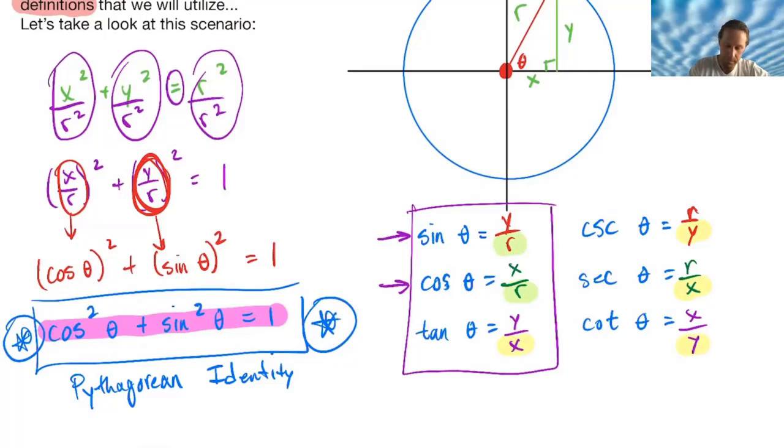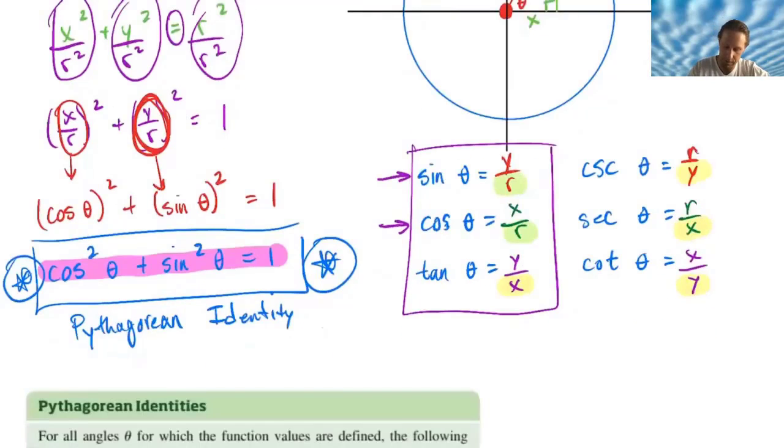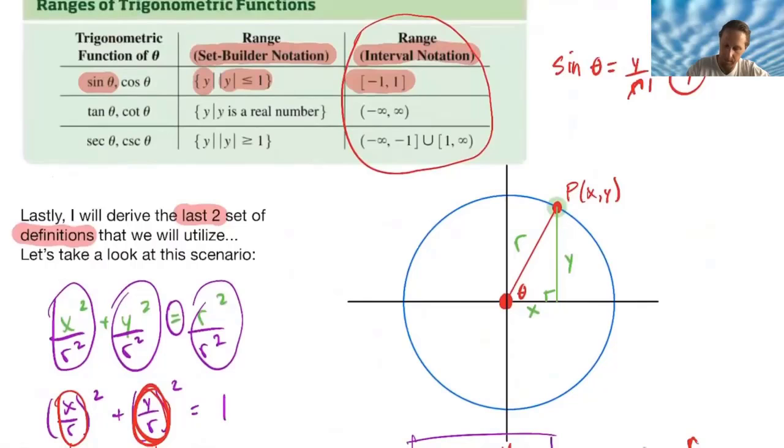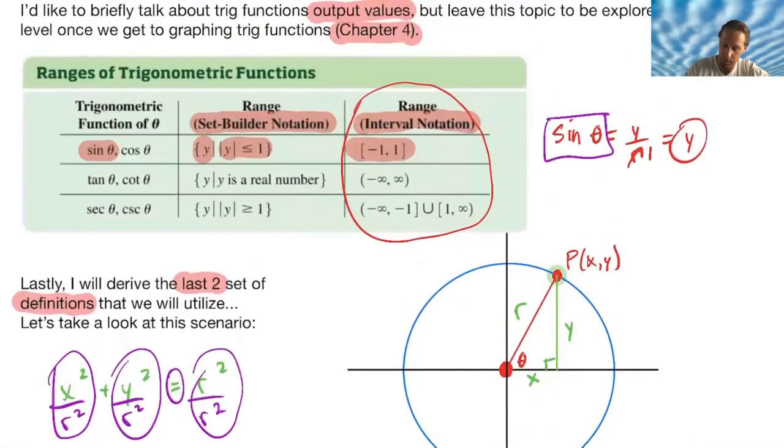So since I know that tangent is y over x, I can actually rewrite. If you remember up here, we talked about sine on the unit circle. Actually, since r will go to 1, sine would be y. Well, then cosine, since we know it's x over r, if we let that be 1 again, then we know it would be x.